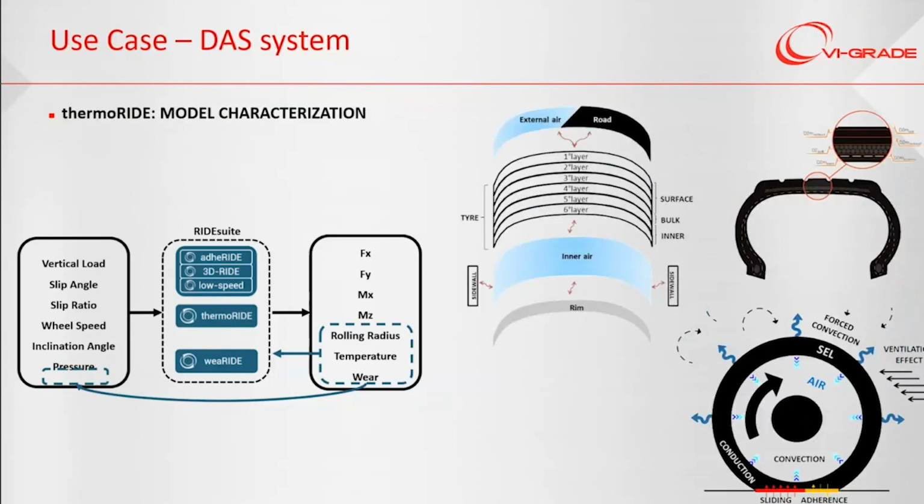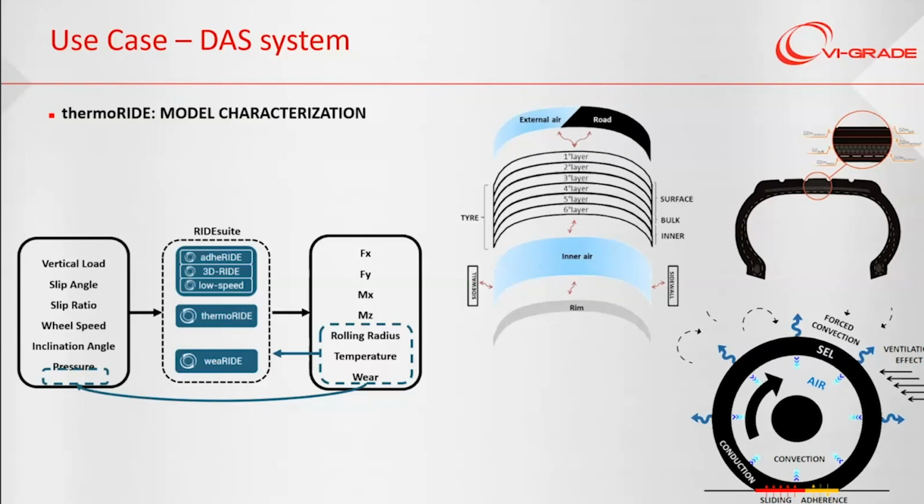The ThermoRide model is composed of 8 different layers along the radial direction. In the lateral direction, the nodes are grouped in 3 different ribs to take into account the footprint variation due to steering and camber variation.